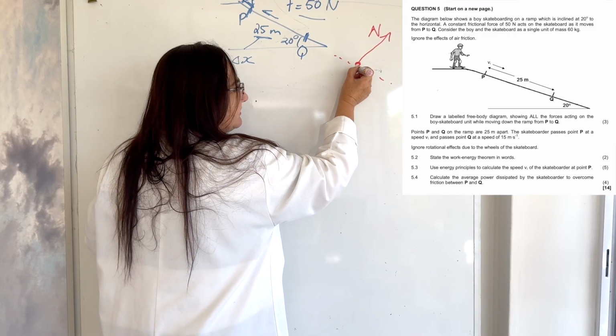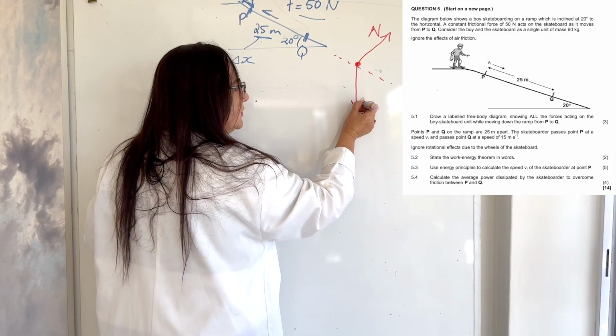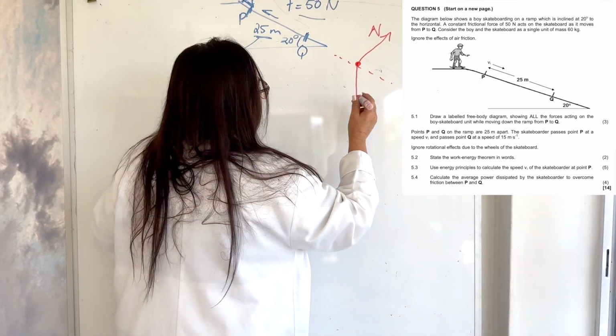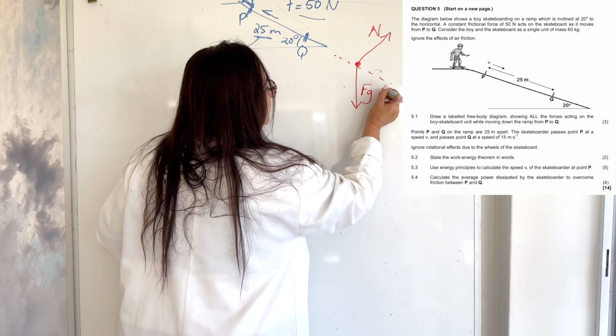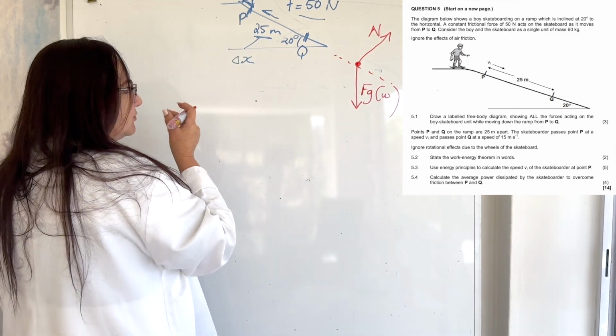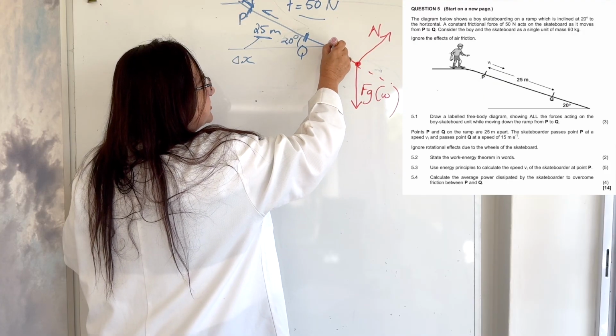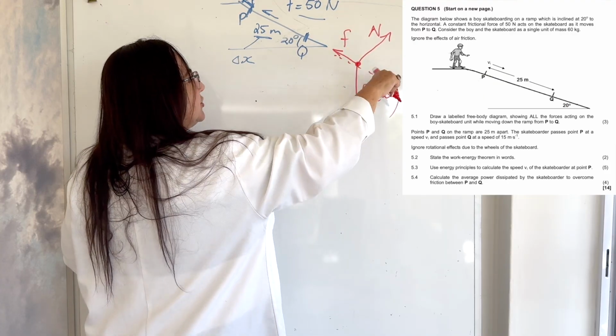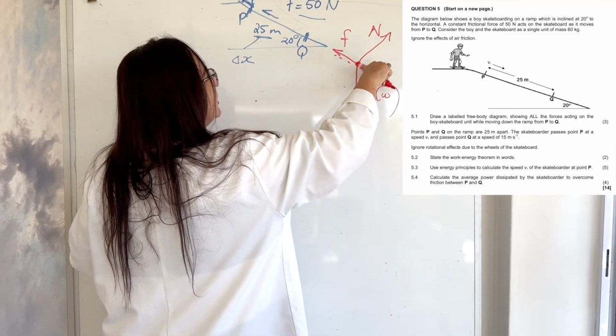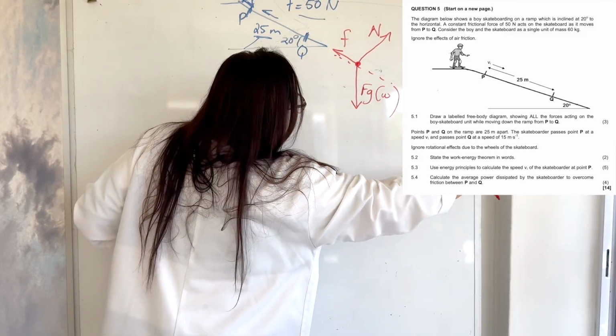My weight or gravitational force will always be straight down to the center of Earth. So that is Fg, or weight, small w. And the third force is the friction force, which operates parallel to the slope, in the opposite direction of going down.